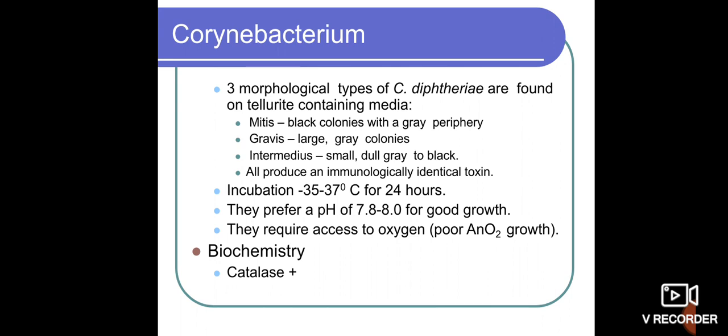Fermentation of the sugars is usually done in Hiss serum peptone water medium. C. diphtheriae is H2S positive and reduces nitrate to nitrite. It does not liquefy gelatin, hydrolyze urea, or form phosphatase.